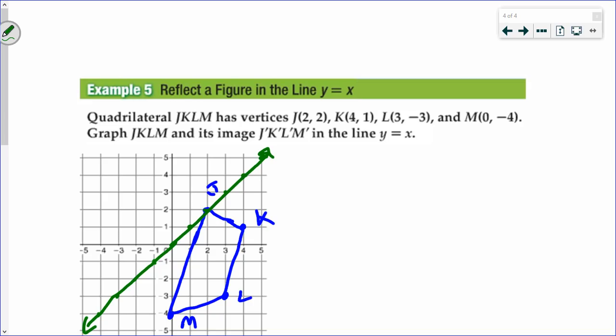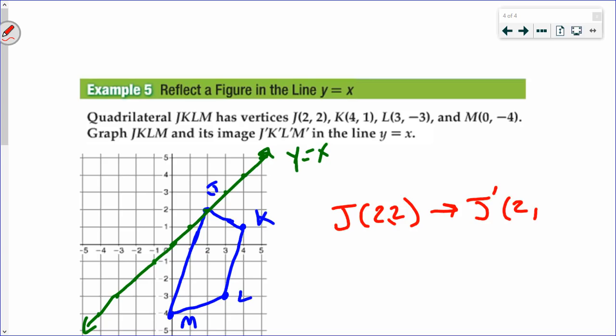All right, so we want to reflect this across the line y is equal to x, which is here in green. And let's do our J prime, K prime, L prime, M prime in red. So J was (2, 2). If we switch the x and y coordinates, J prime is going to be, well, the x was 2, so now it's 2.